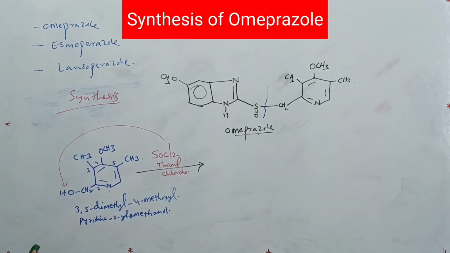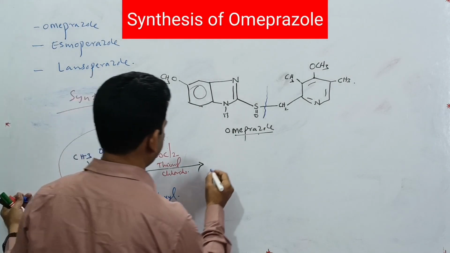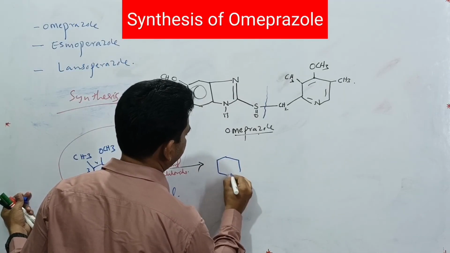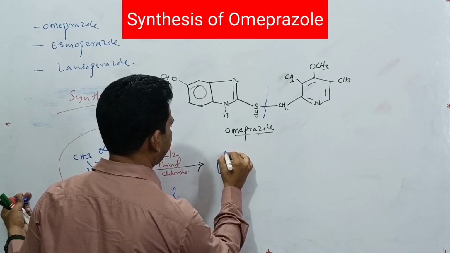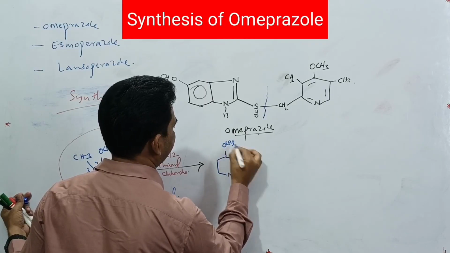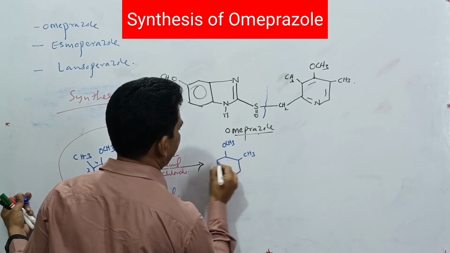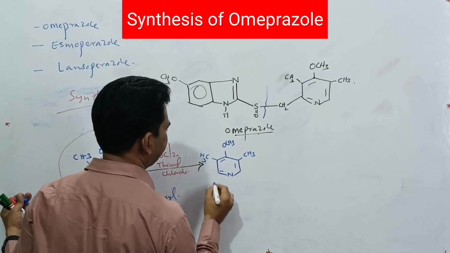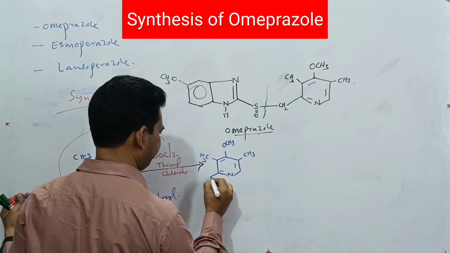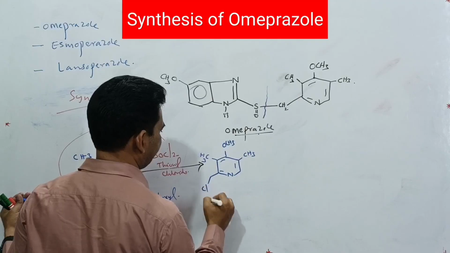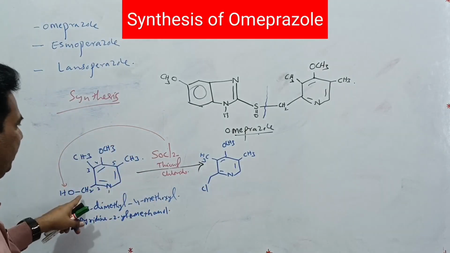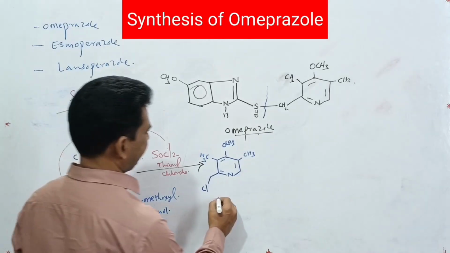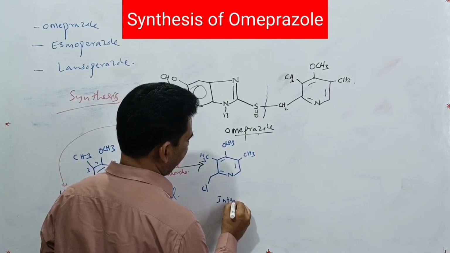That's why what will you get in the next step? You see, same molecule, pyridine, para position methoxy, methyl. Here also methyl. Here Cl, CH2, Cl. Okay, this is the chlorinated intermediate.